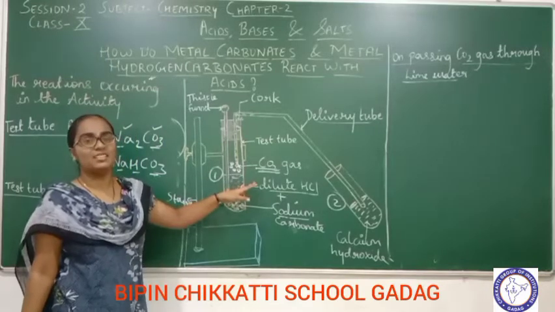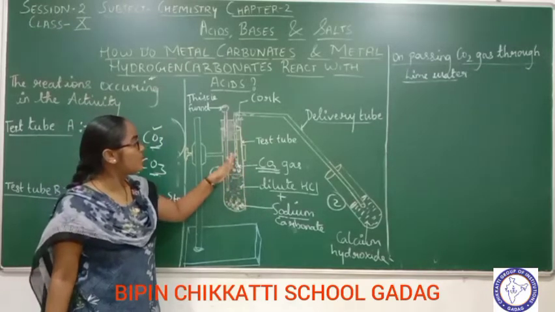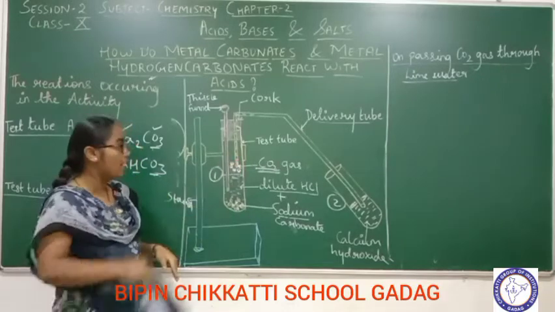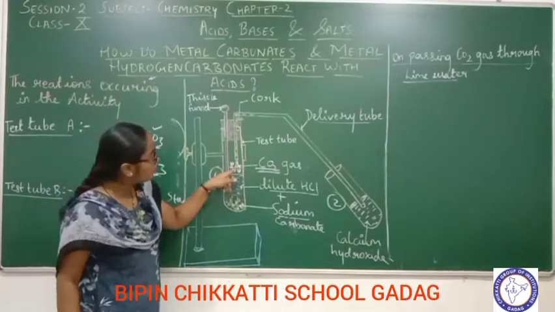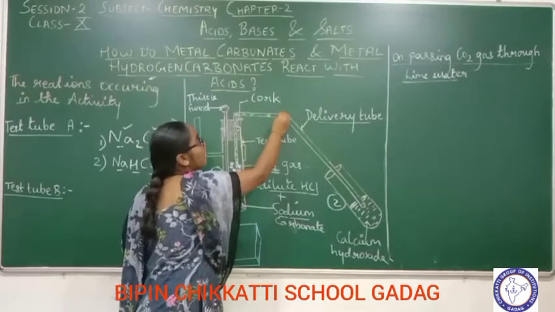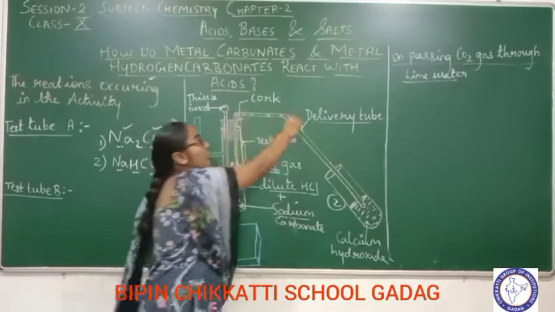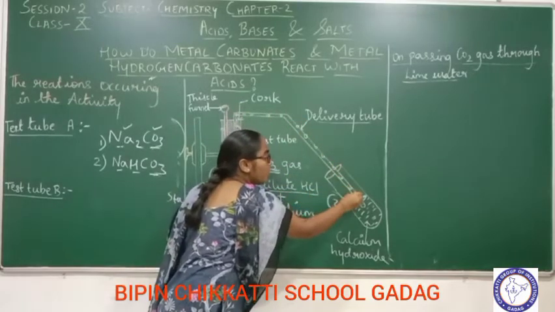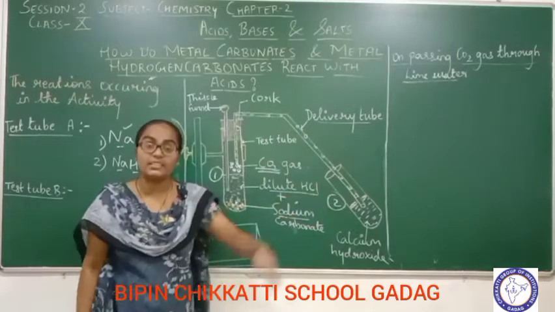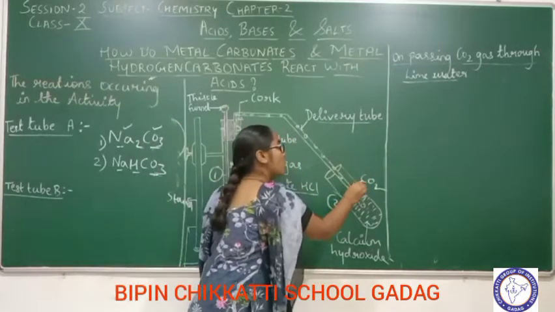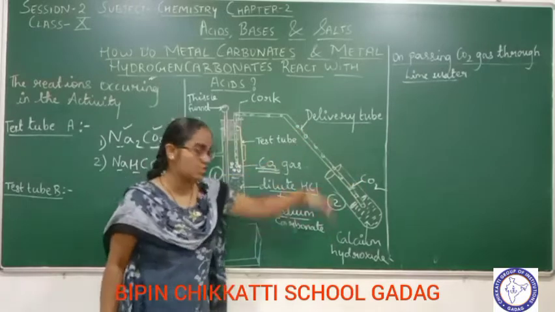Carbon dioxide gas. This carbon dioxide gas enters the delivery tube through the opening inserted into test tube number 1, and keeps traveling until it enters test tube number 2. Which gas is entering test tube number 2? Carbon dioxide gas. So carbon dioxide gas has entered test tube number 2.